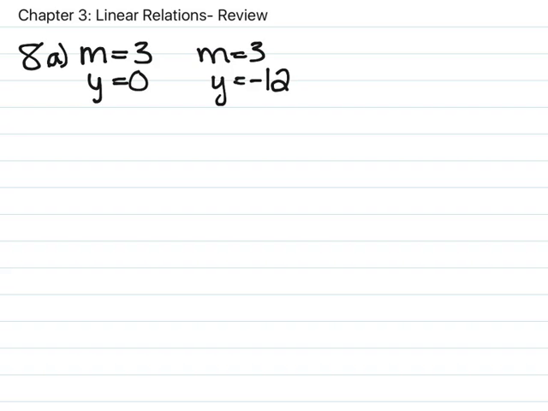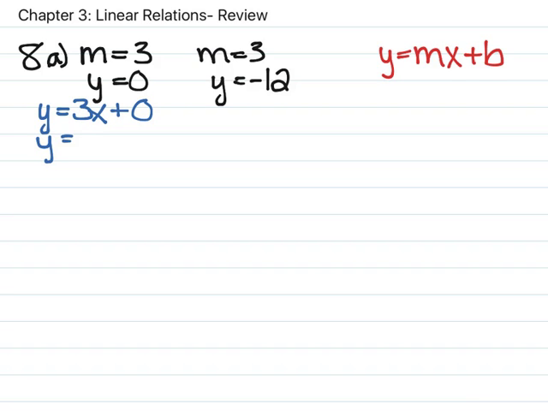Remembering y equals mx plus b, we would have y equals 3x plus 0, which is the same as y equals 3x. And over here we would have y equals 3x minus 12.